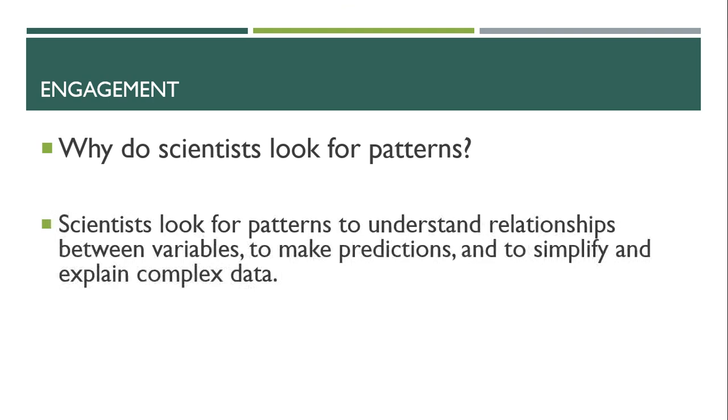So we look at patterns to understand the relationships. For instance, if we're talking about atomic radius, the relationship of atomic radius as it relates to where the elements are, how they're structured, so that later on we can make those predictions like Mendeleev was doing with the periodic table earlier. And also it's a way to put things in a little better sense when we're looking at very, very complex information.